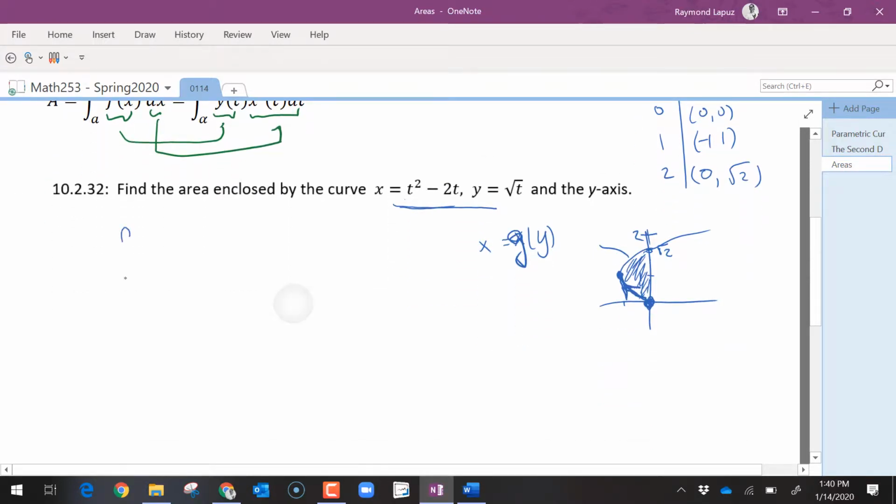Then our area is going to be the integral between these two intersections. I know this is 0. Oh, this is square root of 2. So the integral from 0 to square root of 2 of whatever this function is, dy. I don't know if this is quite correct. What's wrong with this? Turn your head sideways. What?